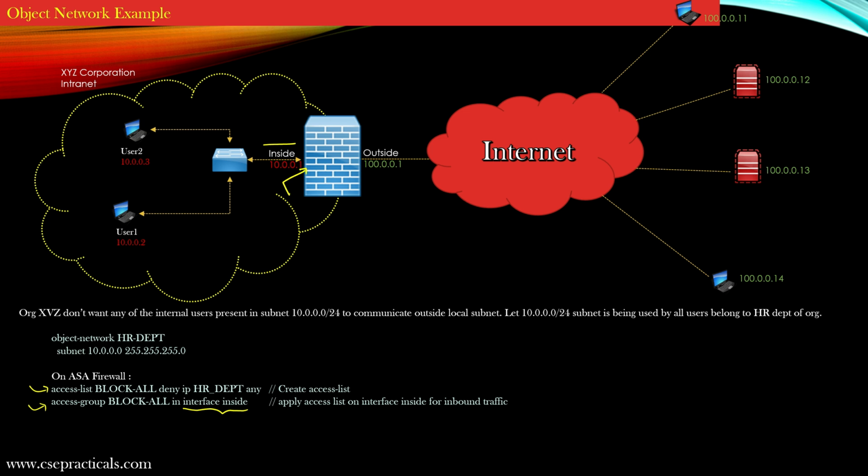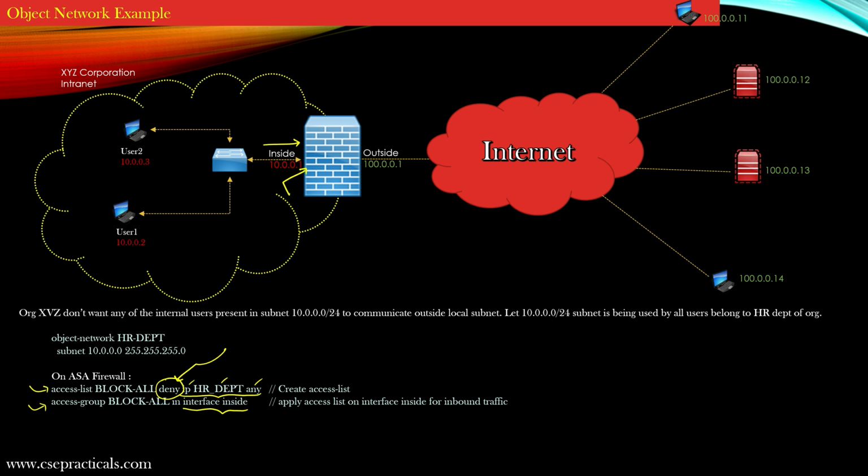So any packet which ingresses on this inside interface of this firewall would be evaluated against this access list. And if this packet satisfies the following three constraints of this access list, that is, the packet should be an IP packet, the source address must belong to the HR department, and the destination address could be anything, then the packet would be rejected or dropped by the ASA firewall.